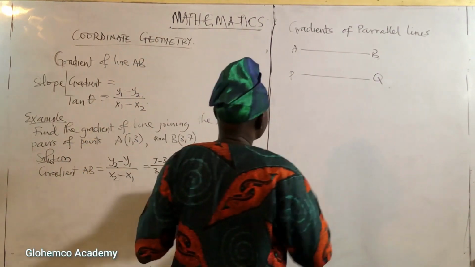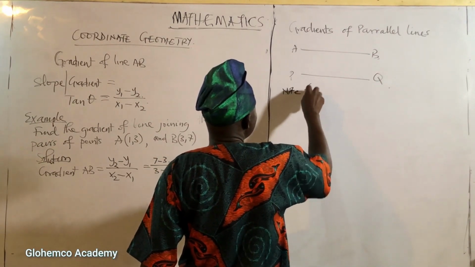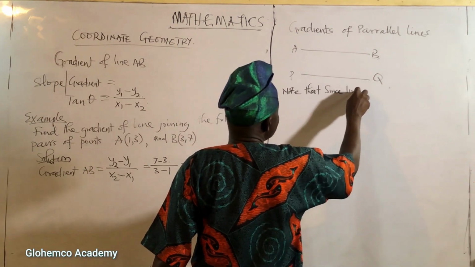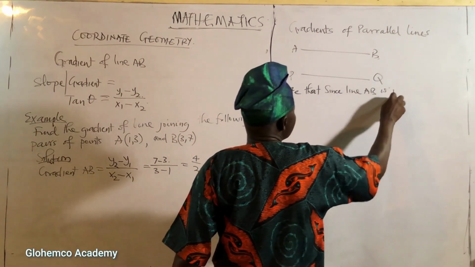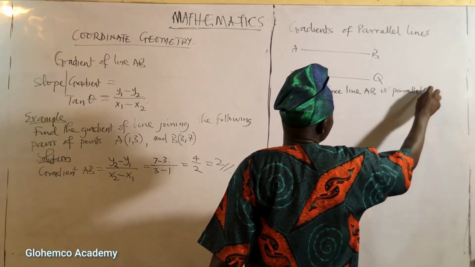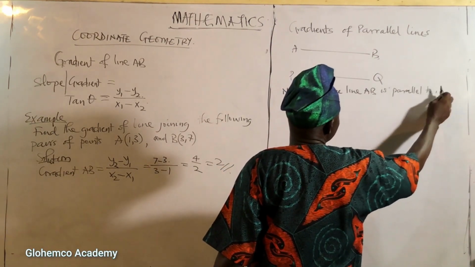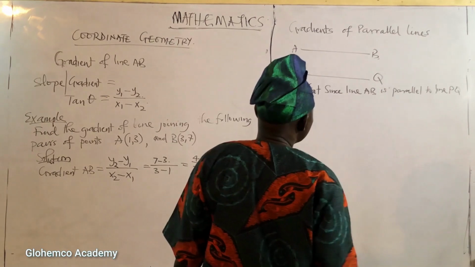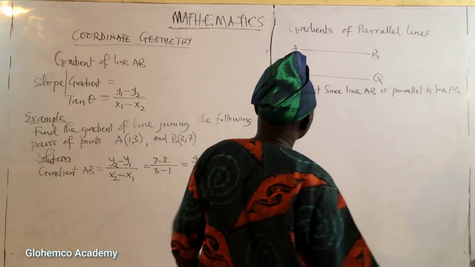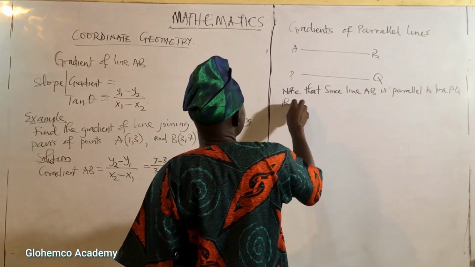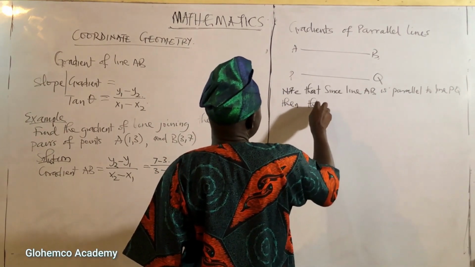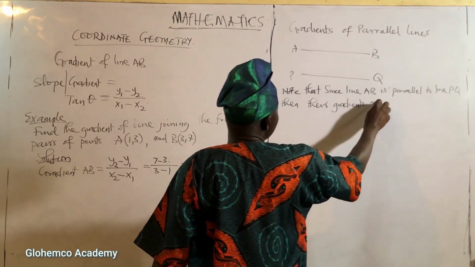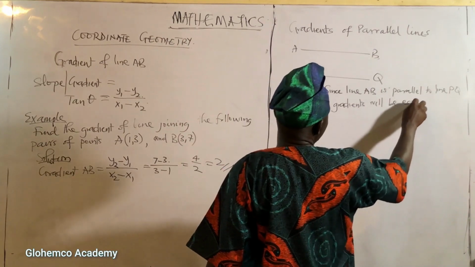Now, note here that since line AB is parallel to line PQ, their gradients will be equal.